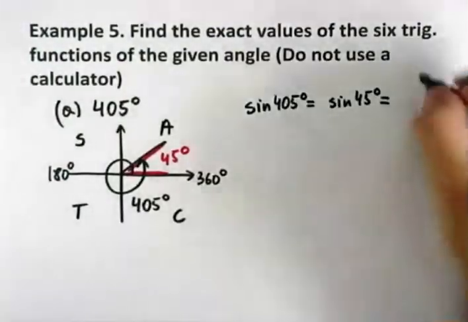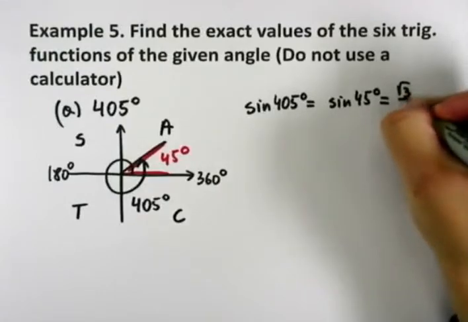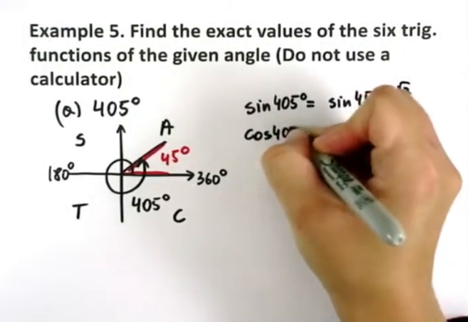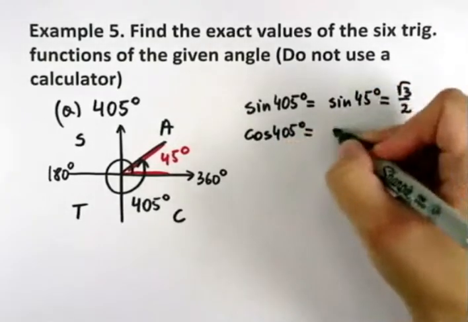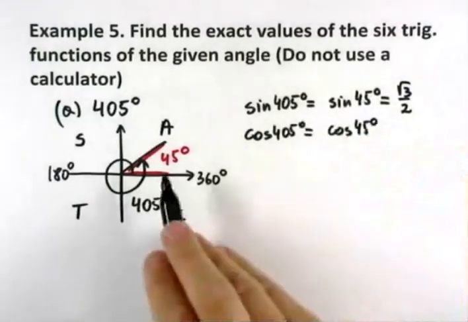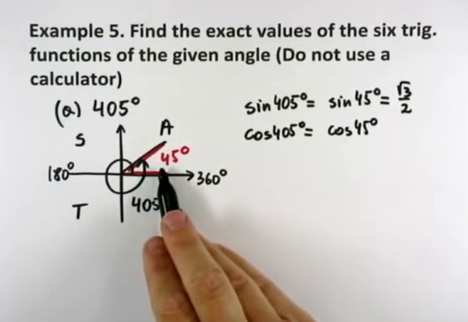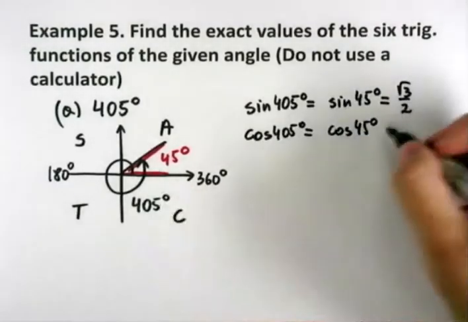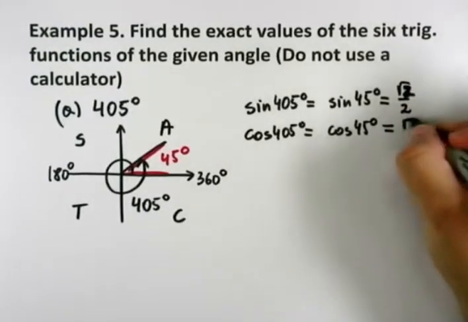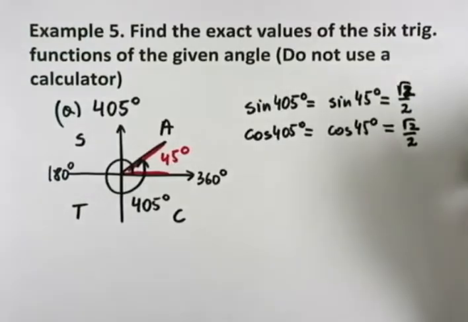Sine 45 degrees is root 2 over 2. Cos 405 is equivalent to cos 45 degrees, up to the sign plus or minus. This is the first quadrant, so we are positive, so cos is root 2 over 2.